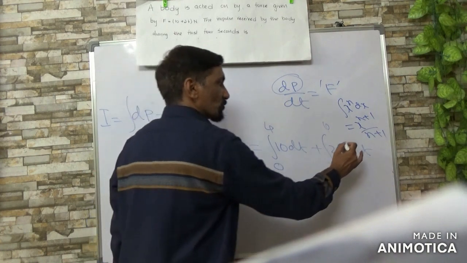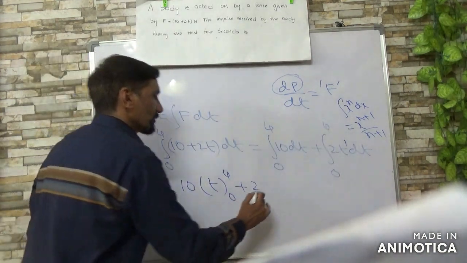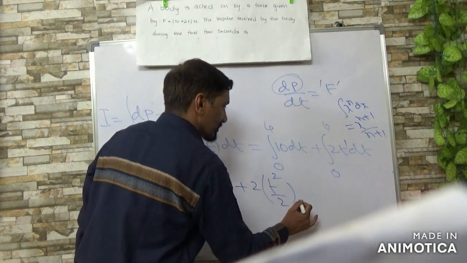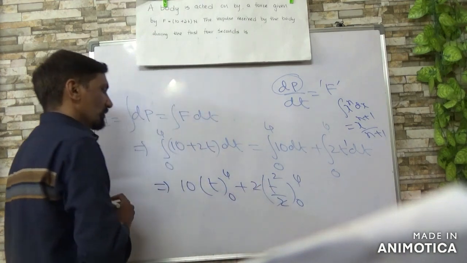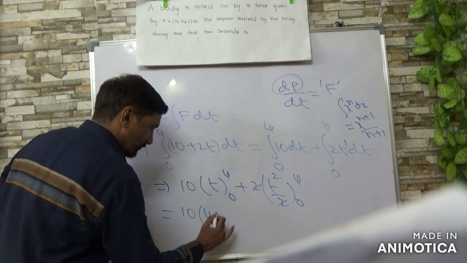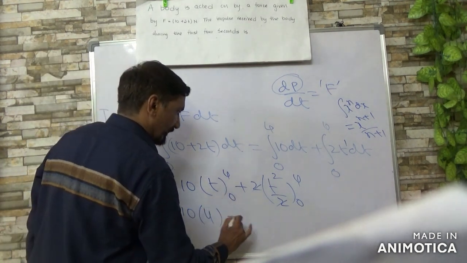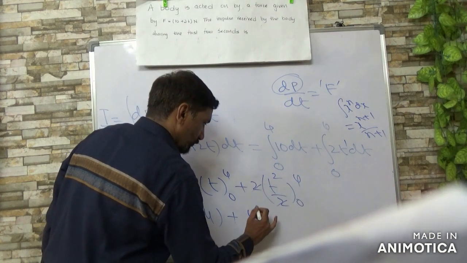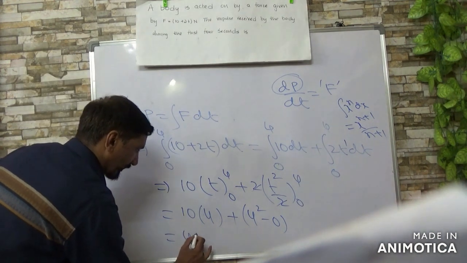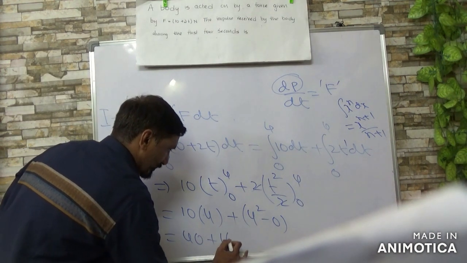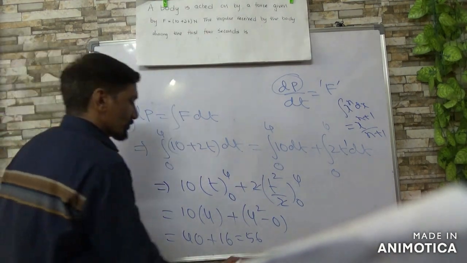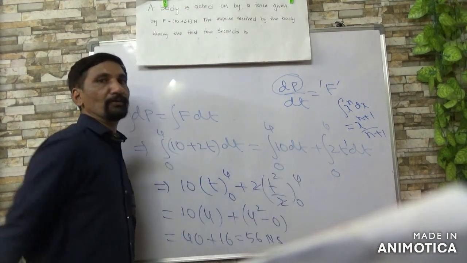Here the power is 1, so you get 1 plus 1, 2, by 2, between the limits 0 to 4, the 2s cancelled. Always upper limit minus lower limit. 4 minus 0, plus 4 squared minus 0. So 40 plus 16, 56. Force into time, so the unit is Newton second.